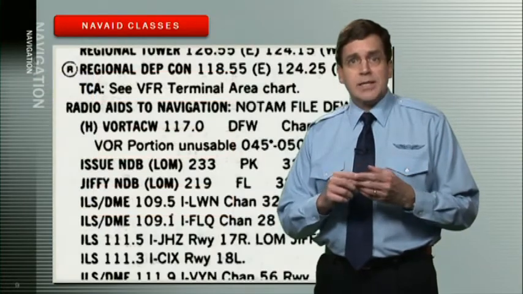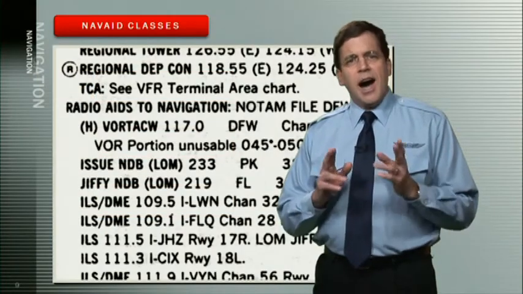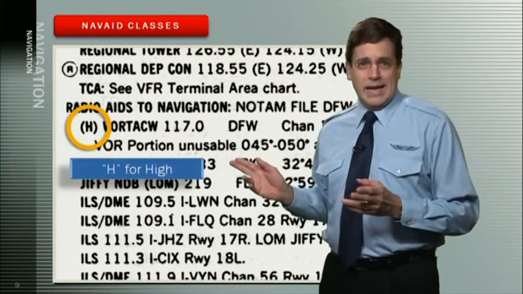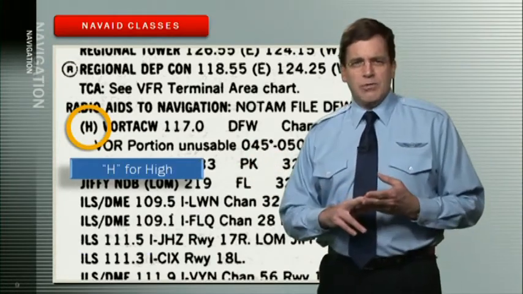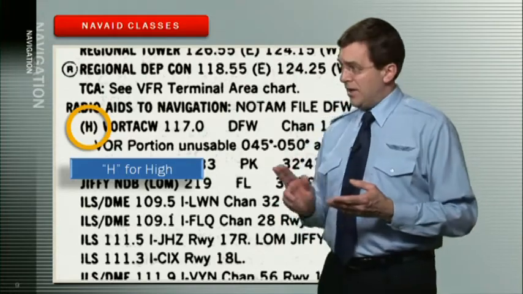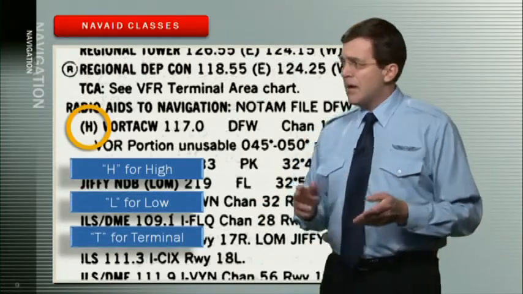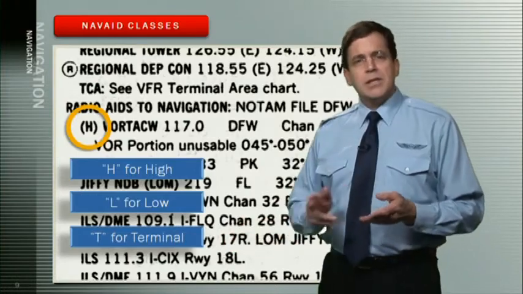Let's take a look at some examples. The high altitude VOR is identified by a capital H. The low altitude VOR is indicated by an L next to it, and the terminal VOR is indicated by the letter T.